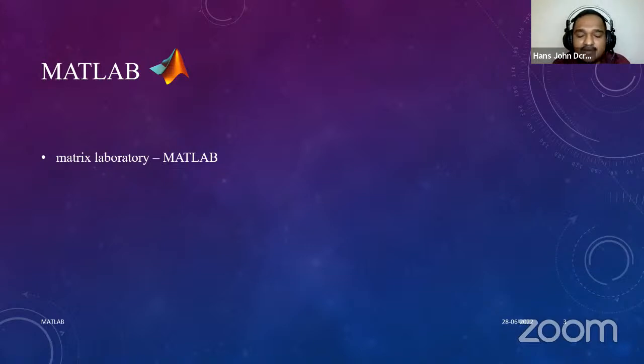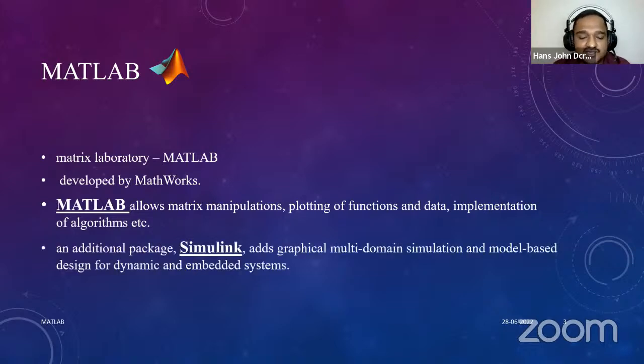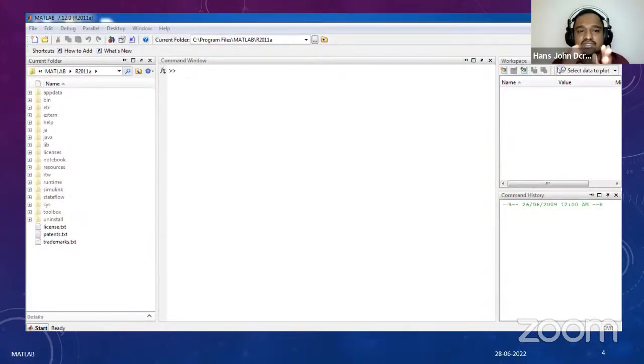MATLAB works basically as an advanced calculator which performs operations based on matrices. It has been developed by a company named MathWorks. It allows matrix manipulation, plotting of functions, and implementation of algorithms, a part of which can be seen in our session. This is how the window of MATLAB looks.